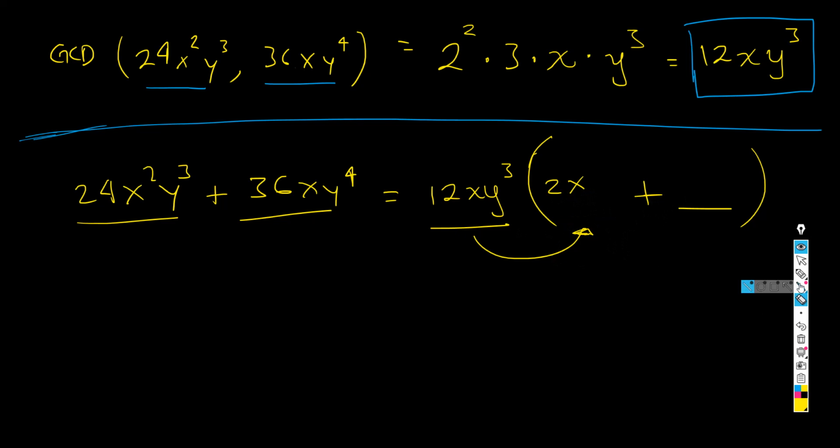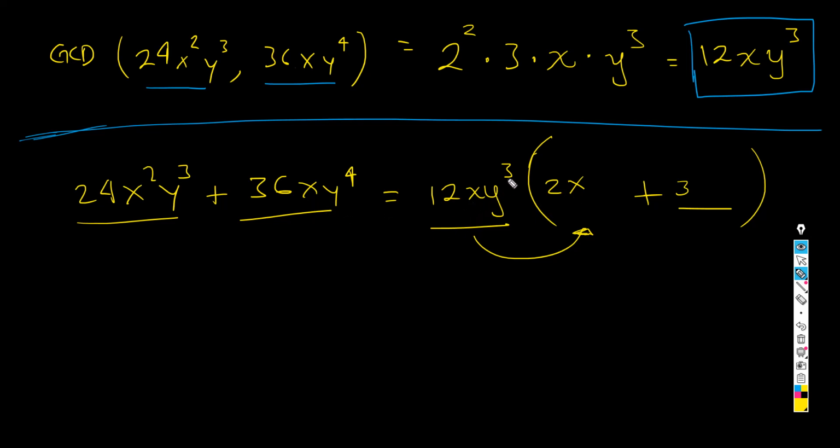We already found one. What about the other? 12 times some coefficient gives me 36. What's going to be that coefficient? 3. X times what x gives me x? None, right? I don't need to write an x here because I already have x and x.